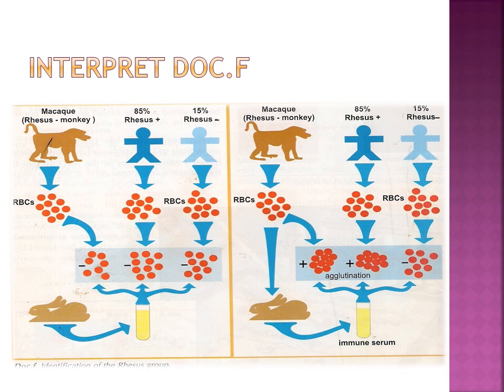Now you should interpret document F. Before interpreting, you must read the document well, which represents the identification of the rhesus group. To simplify, as you see, there are 3 subjects: rhesus monkey, rhesus positive individual, and rhesus negative individual.